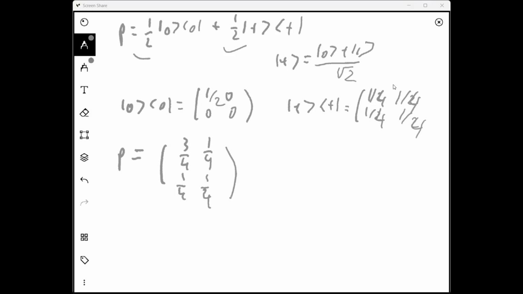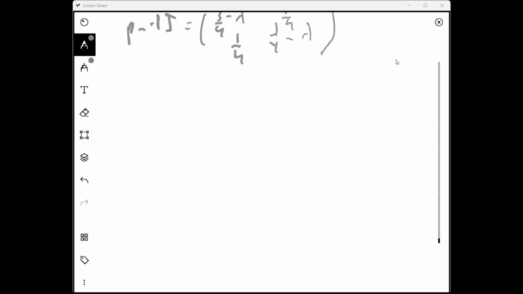And that's it. Now if you calculate the eigenvalues of this matrix, you basically solve the determinant of P minus lambda I, which is 3 over 4 minus lambda, 1 over 4 minus lambda, 1 over 4, 1 over 4. The determinant is 3 over 4 minus lambda, AD minus BC.